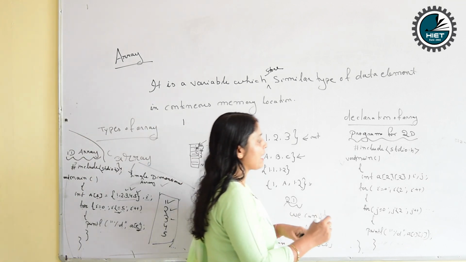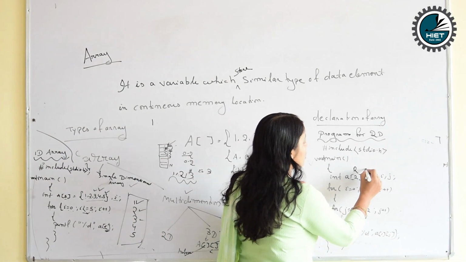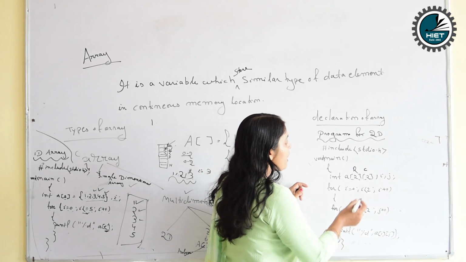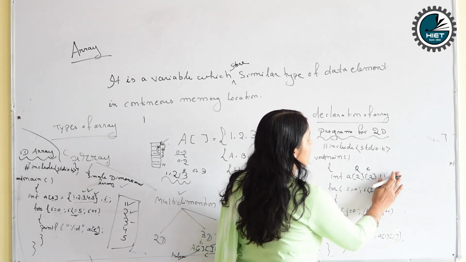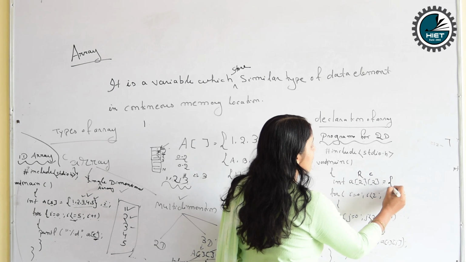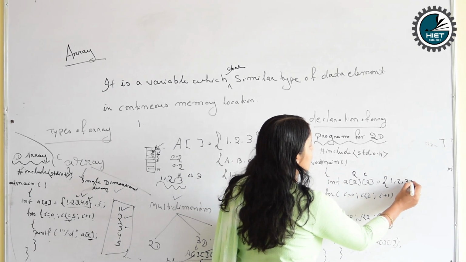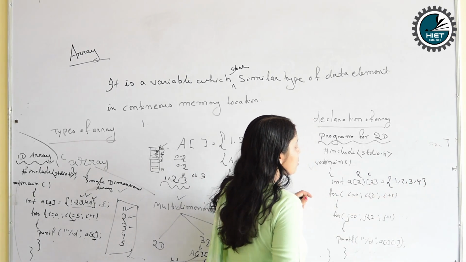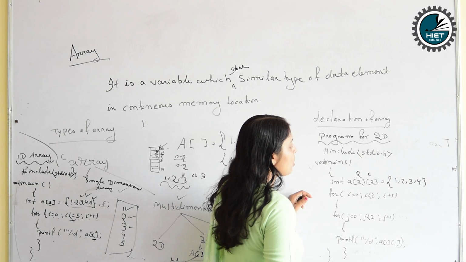In two dimensional array we are using row and column. For row and column we are using a 2 by 2 matrix, where we can give the variables 1, 2, 3, 4, as we know that the number of variables should be the multiplication of row and column.